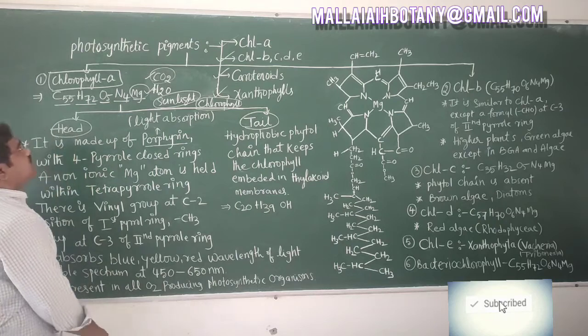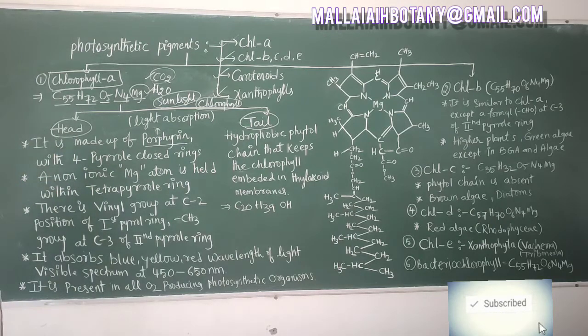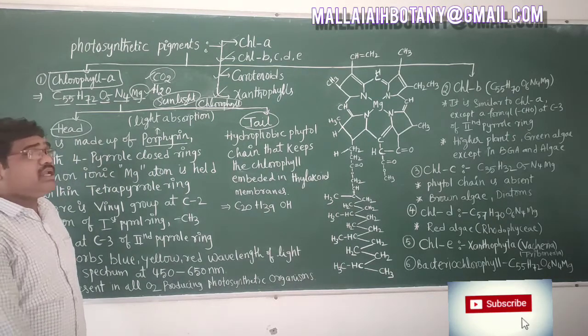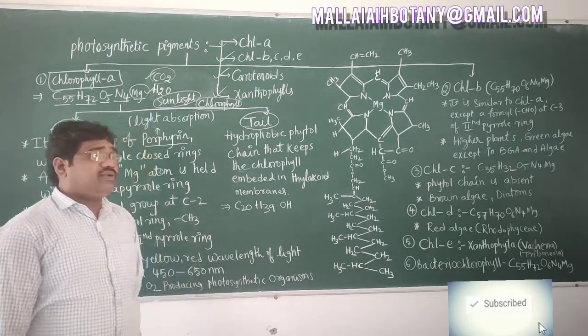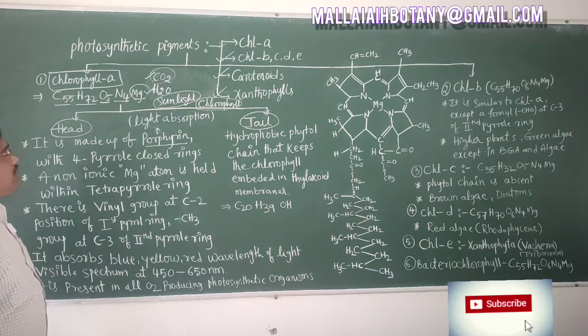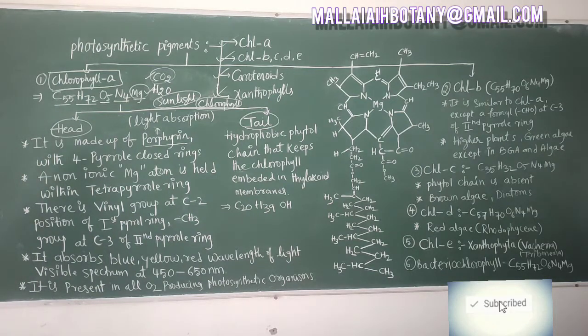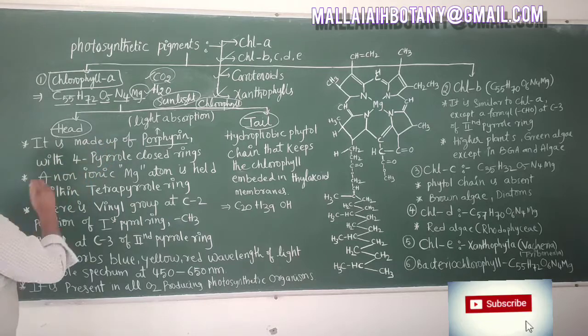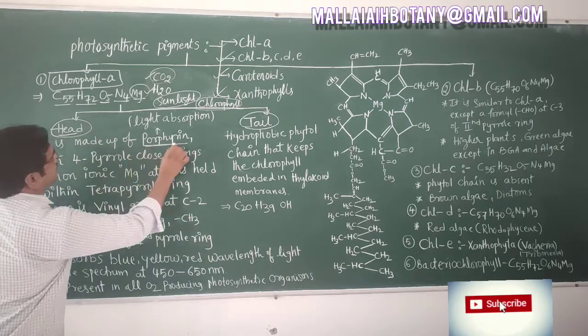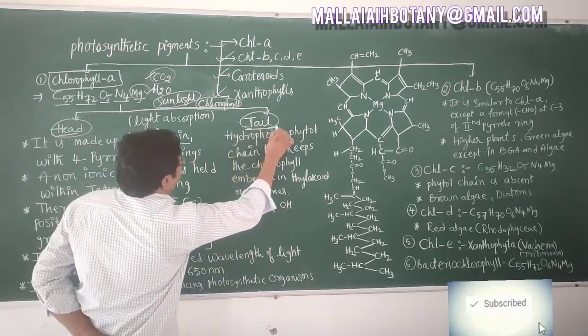Chlorophyll A is the main chlorophyll pigment in higher plants.